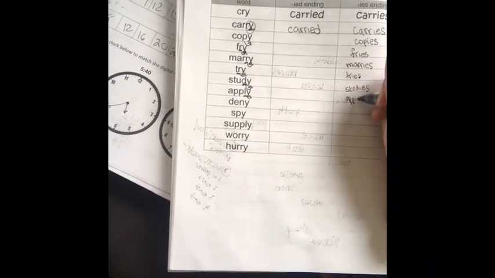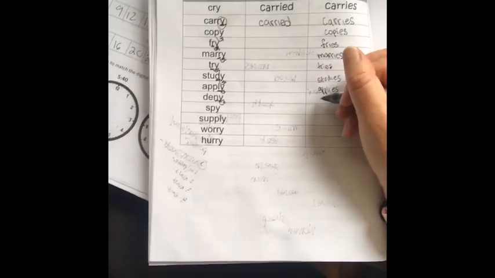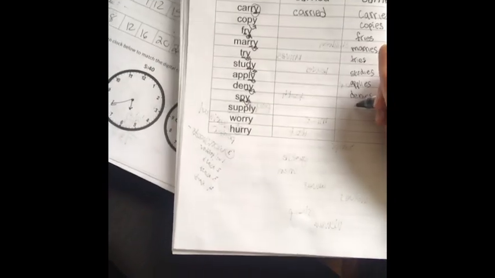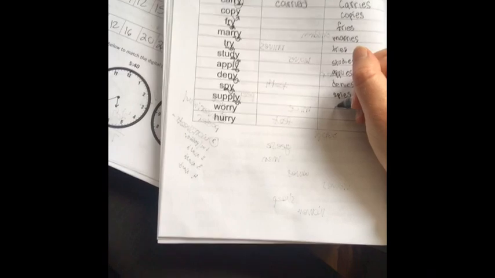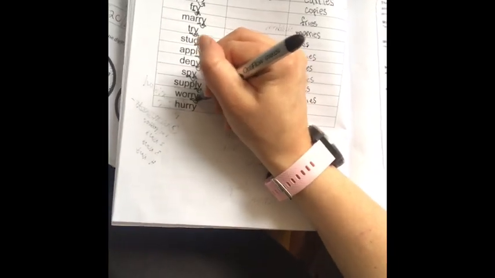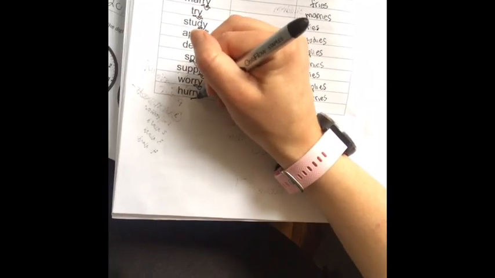The same thing here. Now the reason why we always check the letter before is because if there's a vowel before the y, like key, you just have to add s. But all of these words always have consonants before the y, which means that you drop the y and add ies.